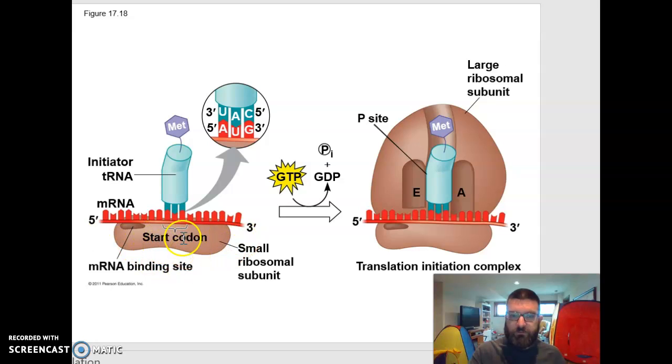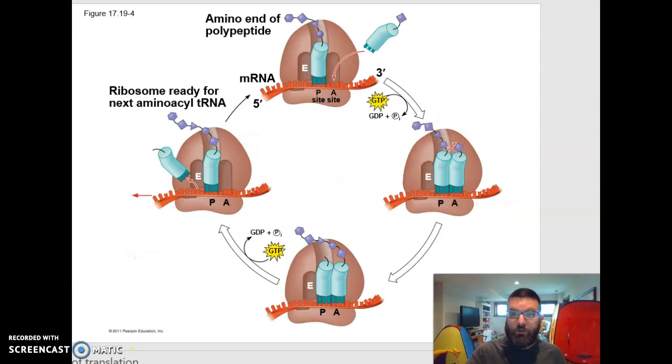So we start with the mRNA, small subunit, tRNA, then in comes the large subunit, and now we have had initiation occur. And from here, we can go on to elongate, which means to add amino acids to this start amino acid. So most proteins, by the way, start with methionine because that's what our start codon codes for.